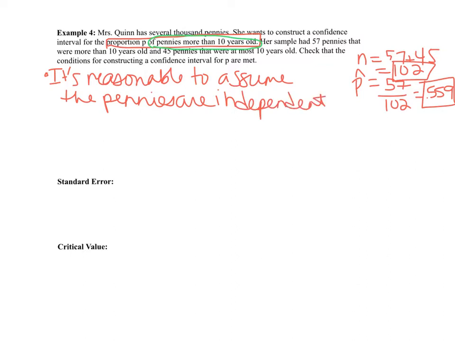The next thing that we're going to do is our 10% condition, and they actually tell us the population size, which is several thousand. So our sample size of 102 is less than 10% of all pennies.